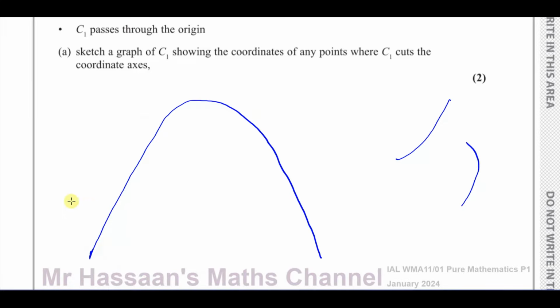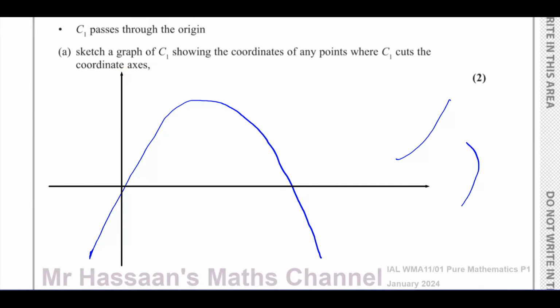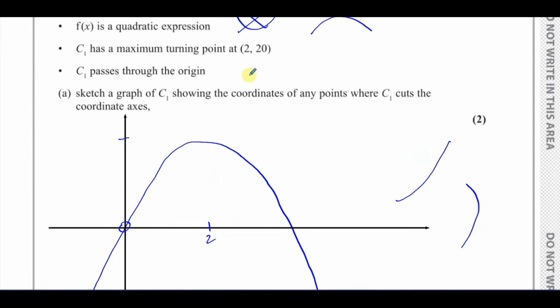Now if I draw my y-axis like this, and my x-axis like this, I know that it passes through the origin. So definitely the y-axis is going to go through this point over here. That's the origin. I know that the maximum is at (2, 20). So that's the maximum, and I know it had a maximum, so it was a frowny face.